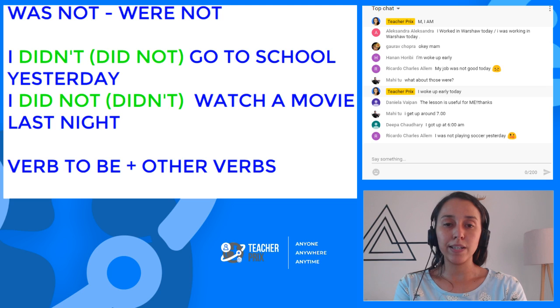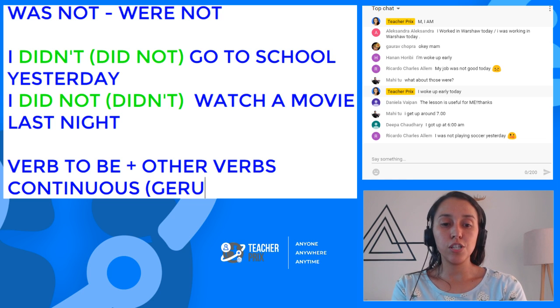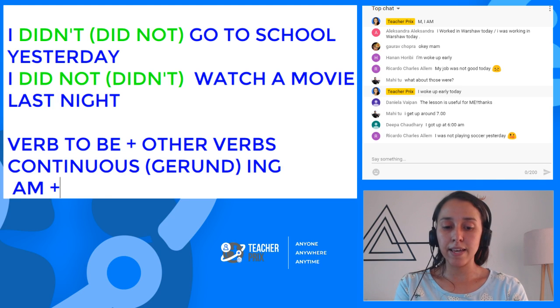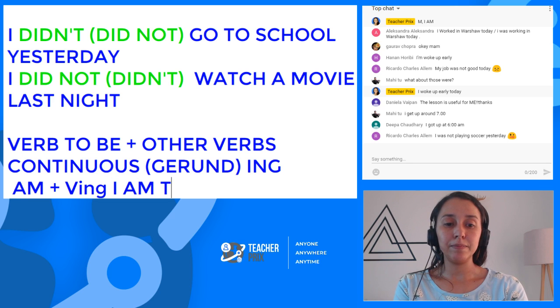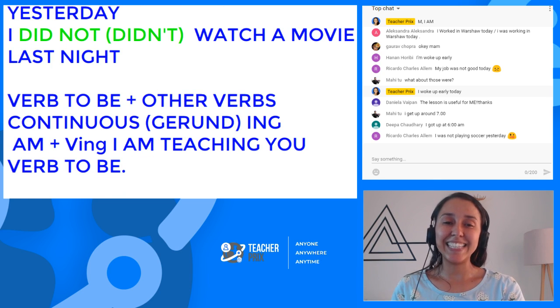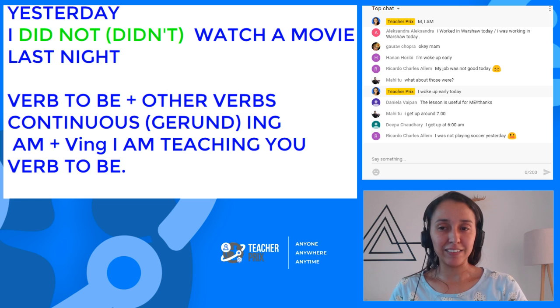Now, in what situations can you use it? I'm going to focus on one here because I have to go and I still want to answer some of your questions. So you are going to focus on continuous, the gerund, ing. So here I could say am plus another verb ing. For example, I am teaching you verb to be. So at this moment, I am here in my house.